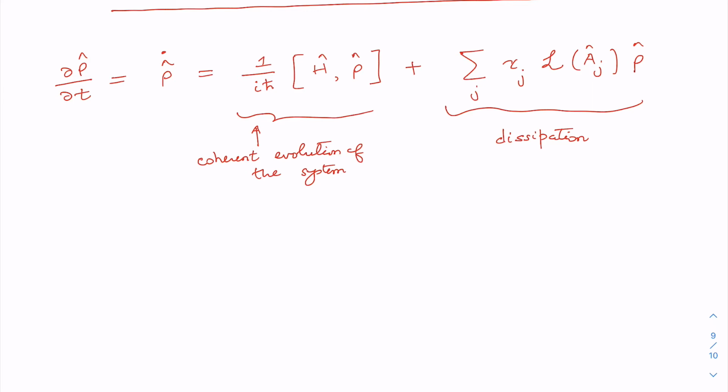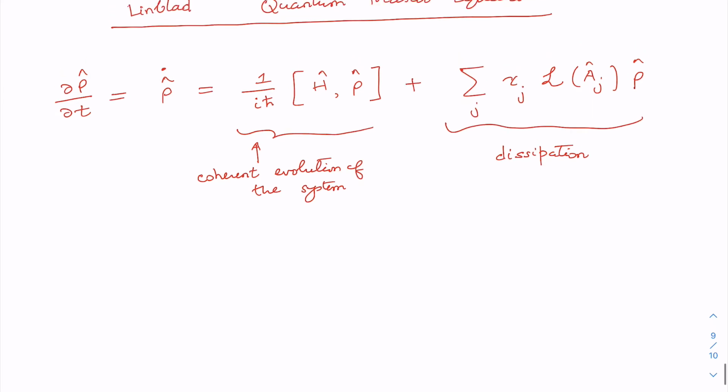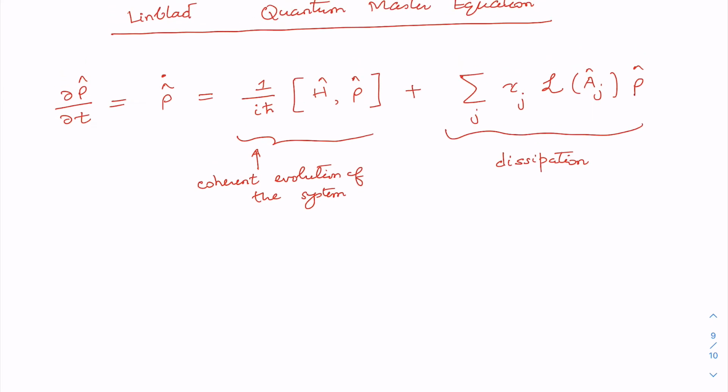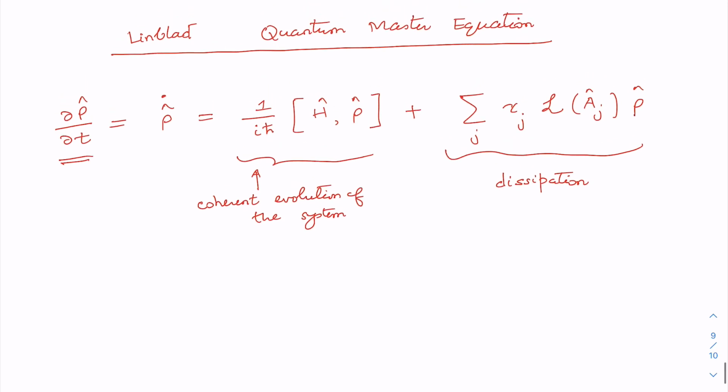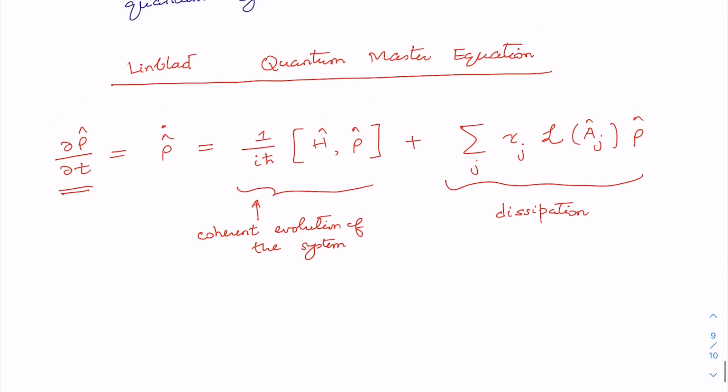Now please note that in this equation, at each point in time, the time derivative is given by the present state and there is no memory, and this is why this master equation is more aptly termed the Lindblad Markovian quantum master equation.